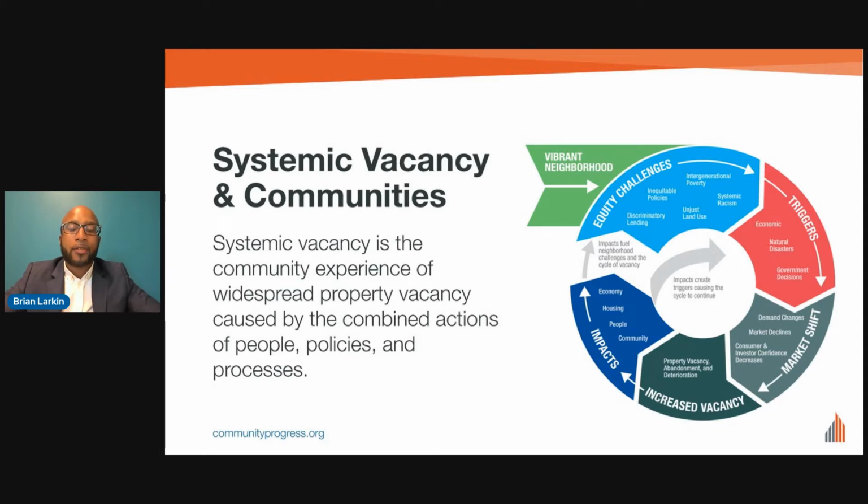It's understanding how these vibrant neighborhoods get trapped into this system where you have this negative feedback loop from your equity challenges, the impact triggers that inform the market and how to value the places that push people out and push investment out of our communities that then feeds right back into these equity challenges. This community-wide experience is one that has to be disrupted. As we've heard in many of our sessions, there are so many tools that communities have, but figuring out where's the right place to start can be challenging.